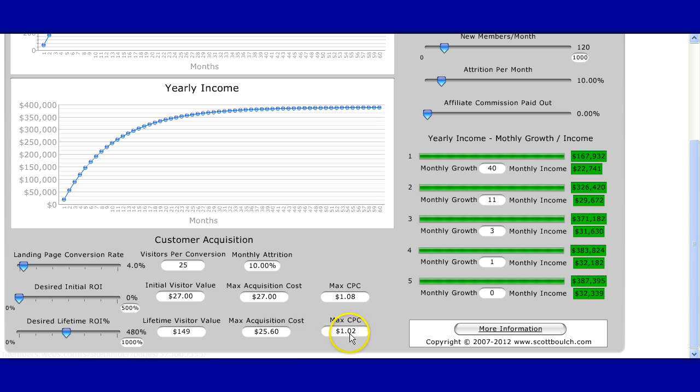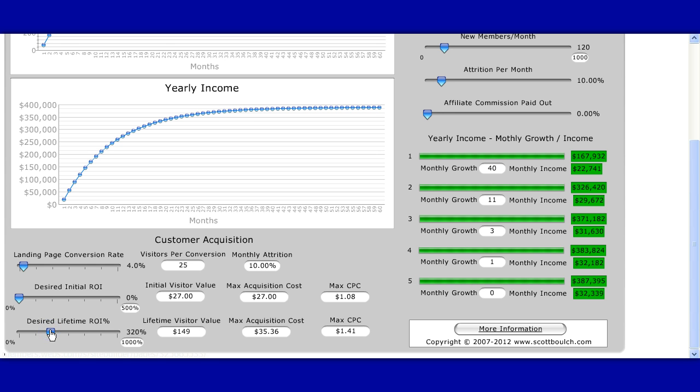And so as you can see here, I could spend $1.02 to get a customer, and of course I could lower my lifetime value, and if I do that, I'm able to spend more per customer. So there's all these different things that I could do here.